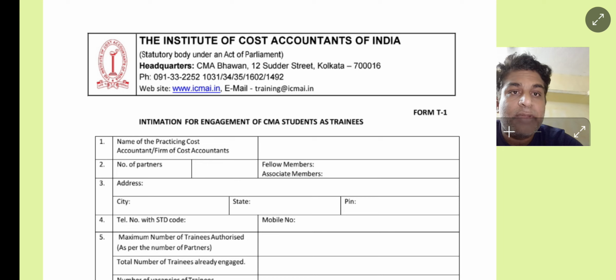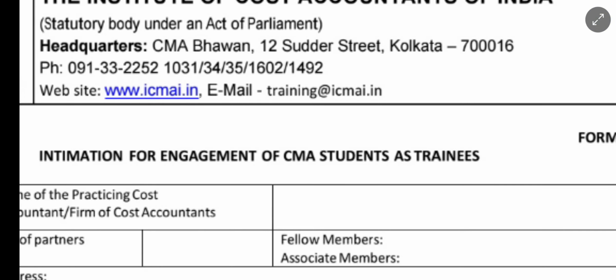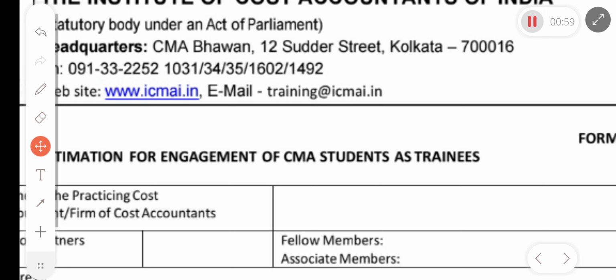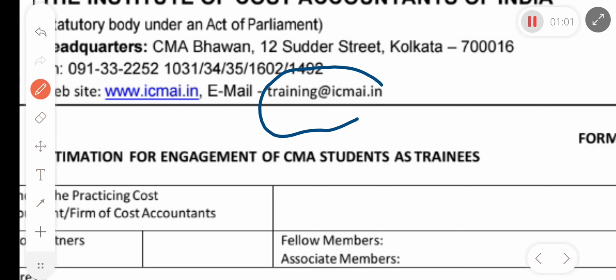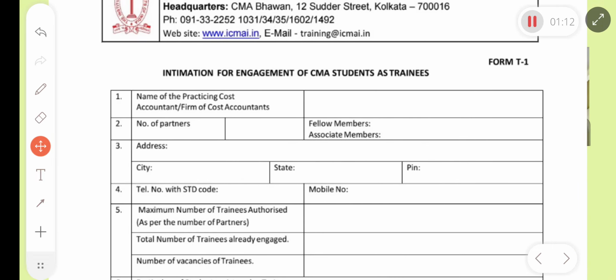The pin code and phone numbers are given. For any training-related issues, email training at the rate of ICMA.in. That is the mail ID. So this is the website for the institute.